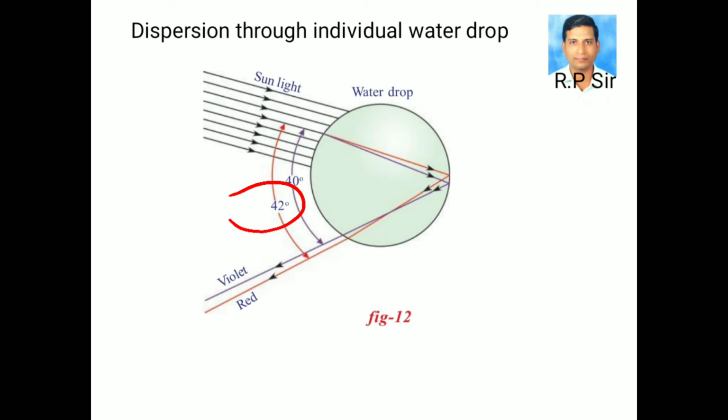The color violet is seen when the angle between a sunbeam and light sent back by a drop is 40 degrees. If you look at an angle between 40 and 42 degrees, you will observe the remaining colors of VIBGYOR.